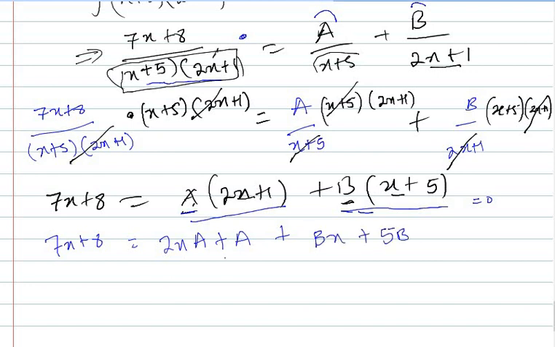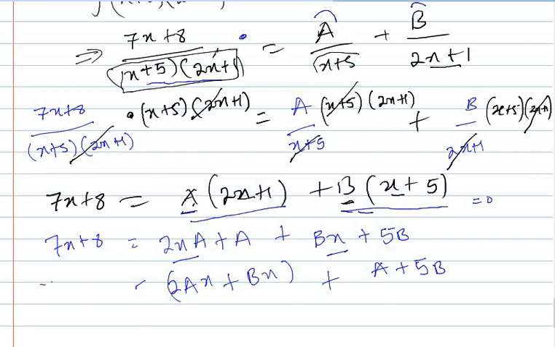From here we can add the terms that have x, and then the constant terms. So 2ax plus bx, they all have x, and for the constant term we will have a plus 5b.